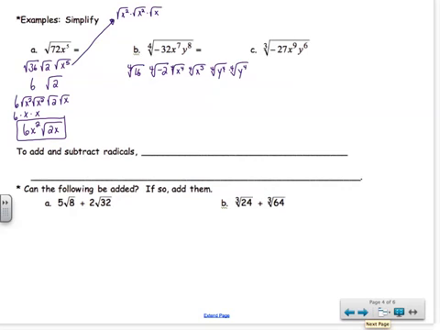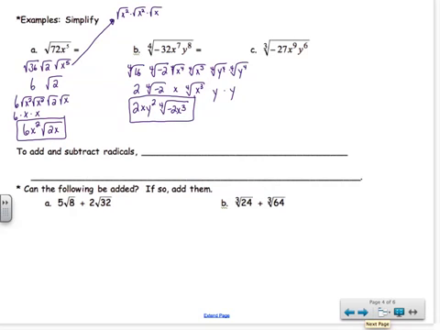Now if I simplify, I get a 2, I get a 4th root of negative 2, I get an x, I get a 4th root of x cubed, I can't simplify, I get a y and a y. Now if I combine what's outside my radical, I get 2xy squared, and inside my radical I get the 4th root of negative 2x cubed.